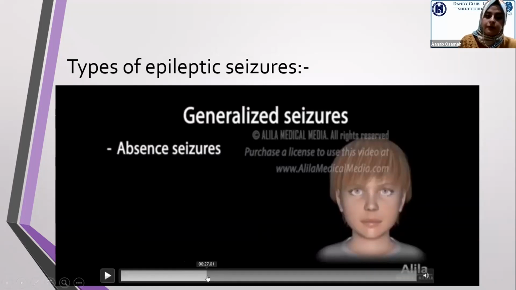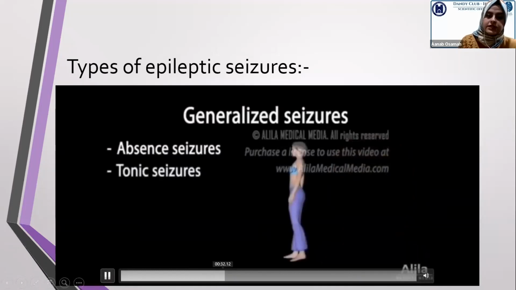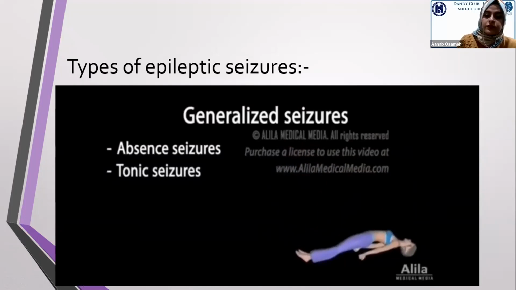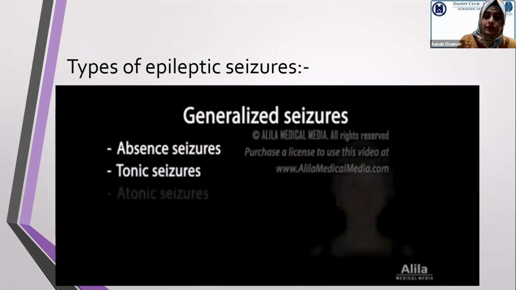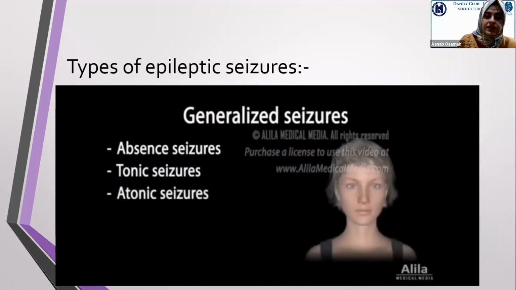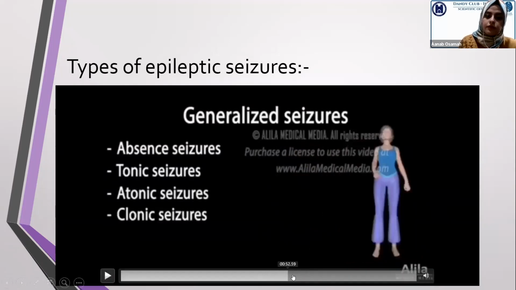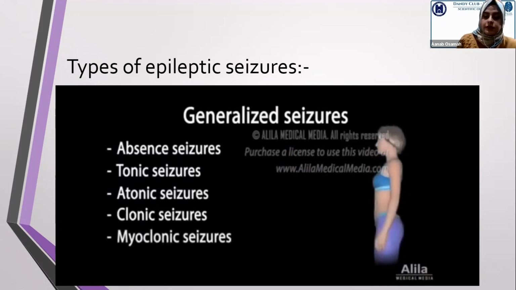Another type is tonic seizures. Tonic seizures mean an increase in the tone of the muscle, and the opposite, atonic seizures, a decrease in muscle tone, as we see here. Clonic seizures mean repetition of jerking movements in the upper and lower limbs.